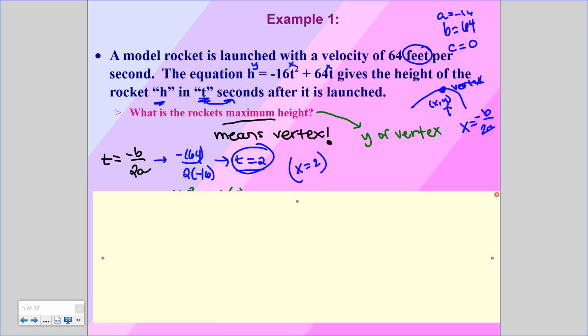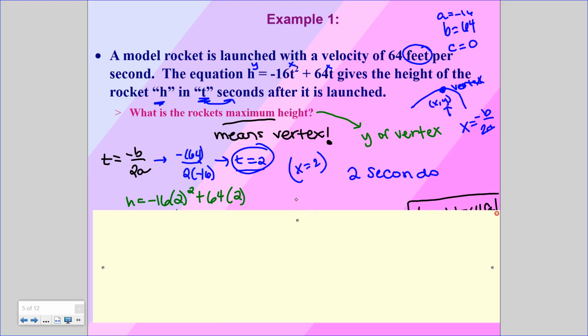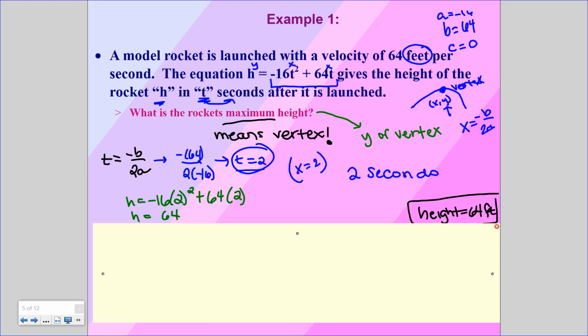Again, this is not the answer to this question yet. We're using x to help us get the y, that high point of our vertex. If t is equal to 2, this means that at 2 seconds, that's when the rocket will reach its high point. So now we'll take our equation, and instead of t, we will replace each t with 2 and simplify and solve for h. In doing that, we should simplify to get this whole thing equal to 64.